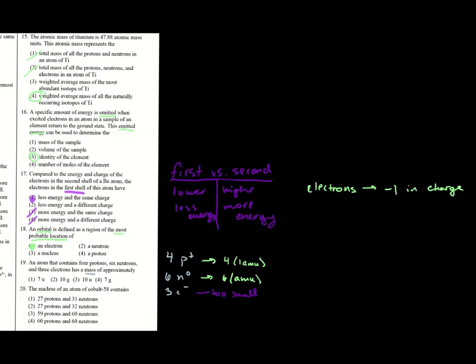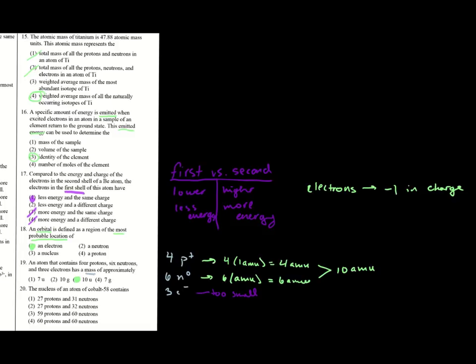It's decimals, basically. So this one's going to have 4 AMU, and this one's going to be 6 AMU. So altogether, that's going to be 10 AMU. 10 units. Choice 3. So mass, only consider protons and neutrons.